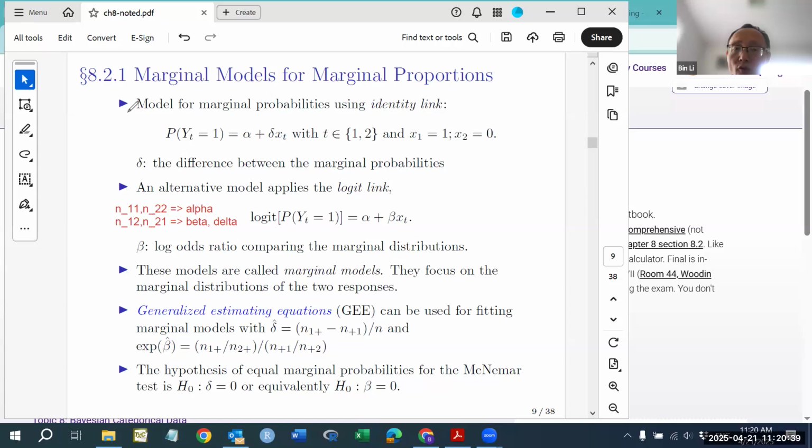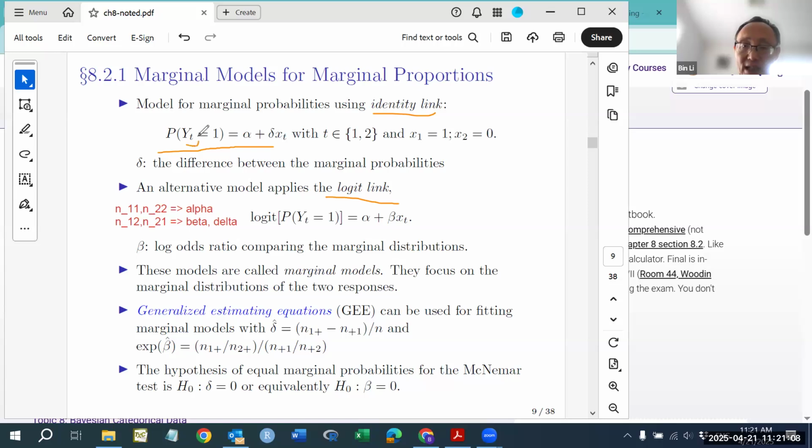Let's first look at the marginal models. For the marginal modeling approach, we can use the identity link or the logit link, just like doing probit regression or logistic regression with different link functions. If you use the identity link, we can model the probability of answering yes.